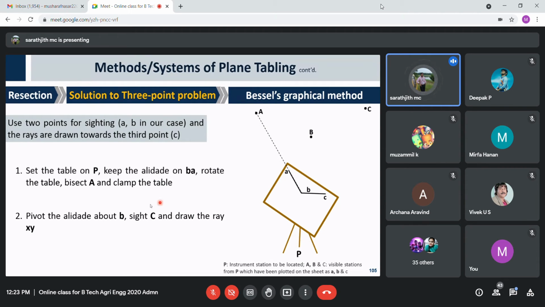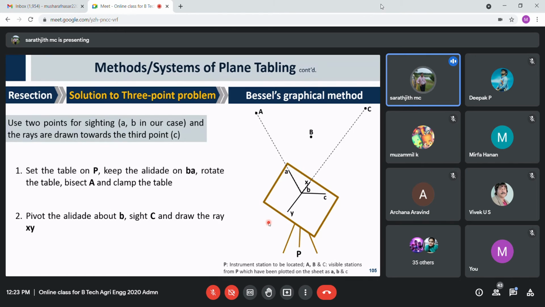Then you pivot the alidade about b and sight the point C, making sure it is properly bisected. Along this line of sight, you draw a line labeled XY.